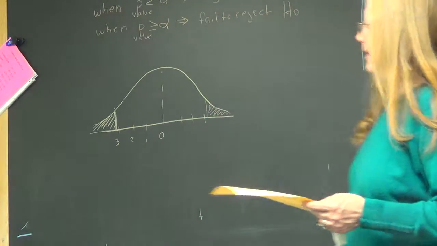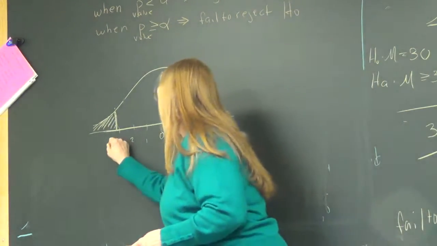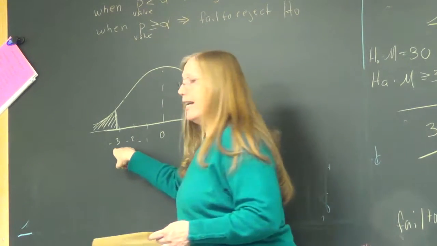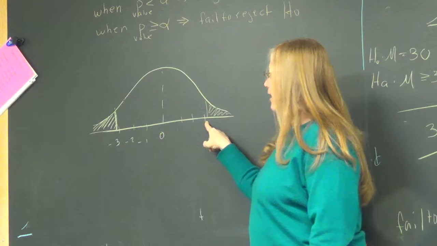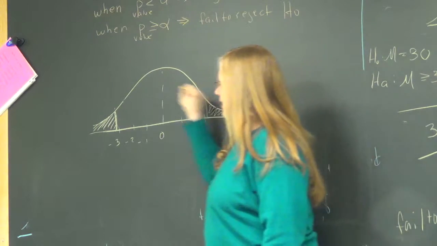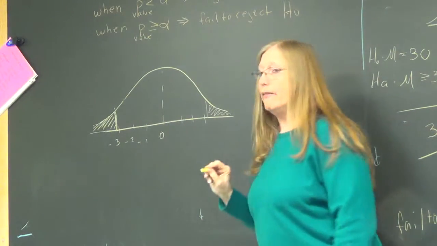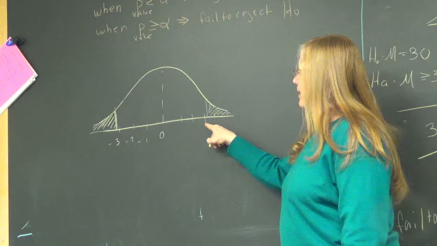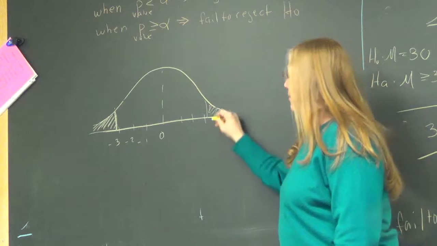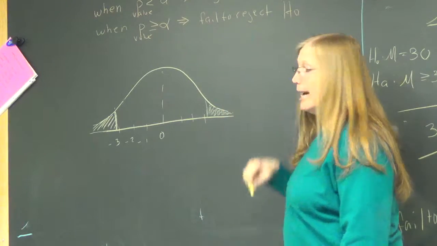So we've had those before, but the negative, this is negative down here, we can ignore the negative and use the positive. Because this area is the exact same as this area. So therefore, if you get a negative t-score, just drop the negative and look at the value from 3.17. So your calculator or your chart is going to give you that.